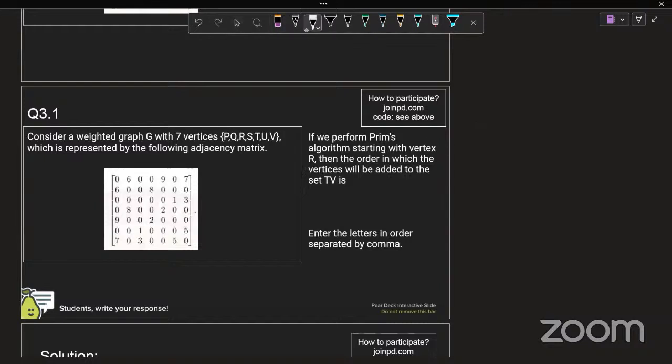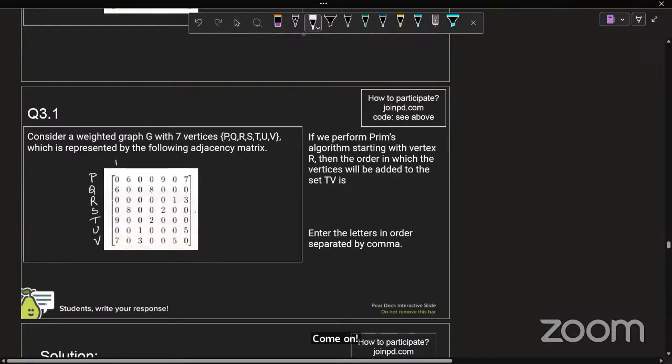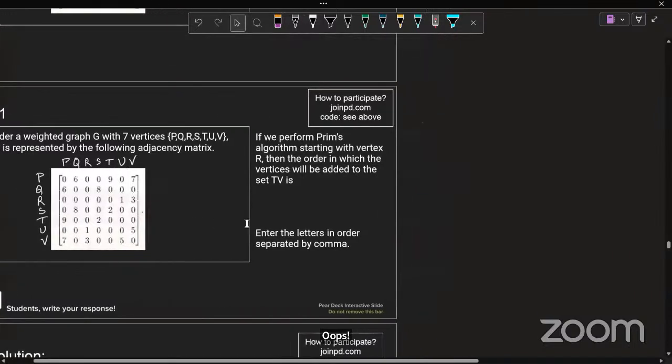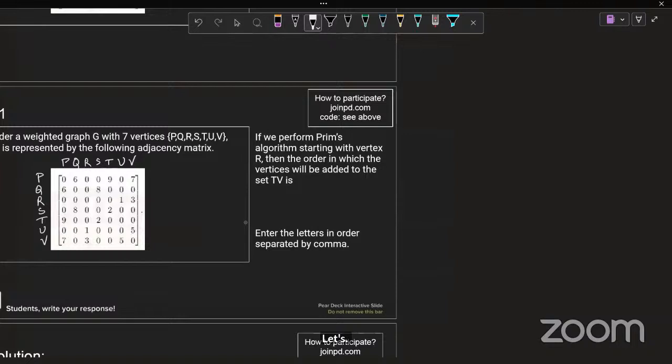Q, R, S, U, U, P, Q, S, Q. Let's write these vertices.